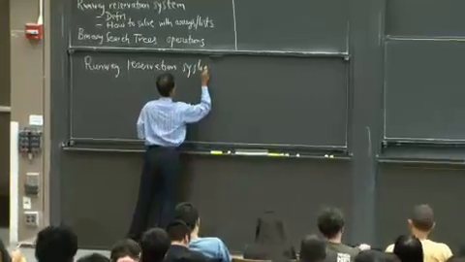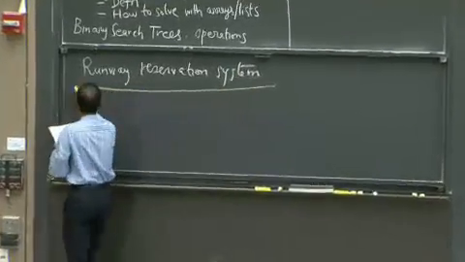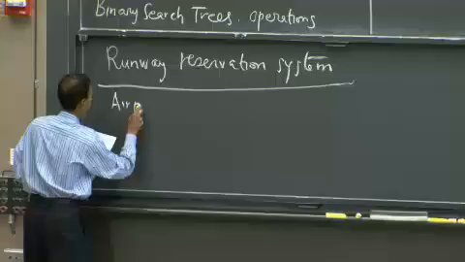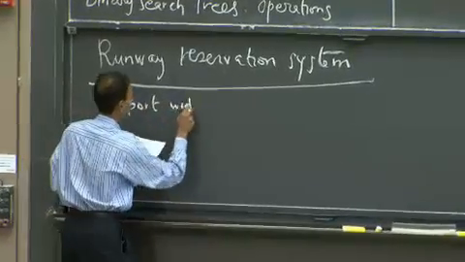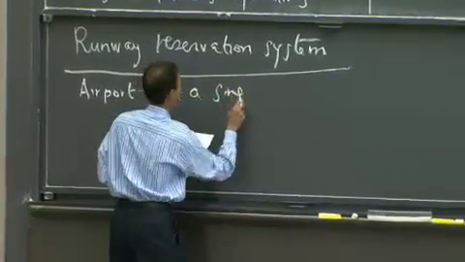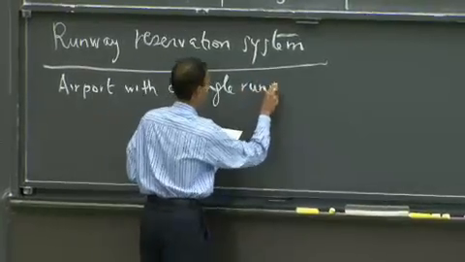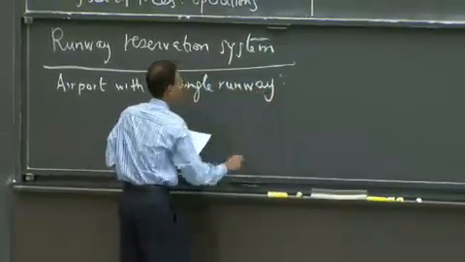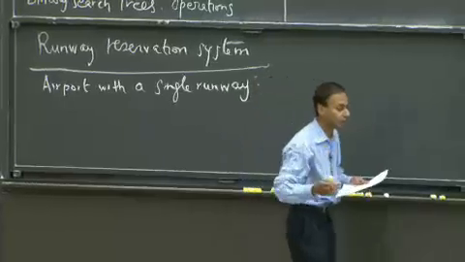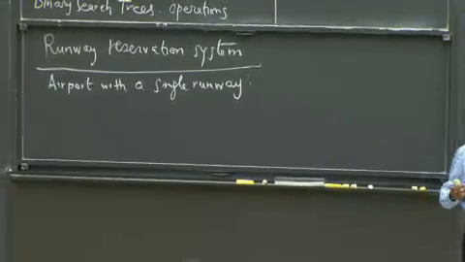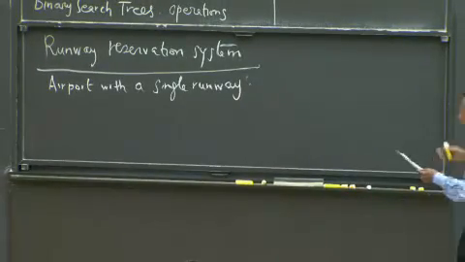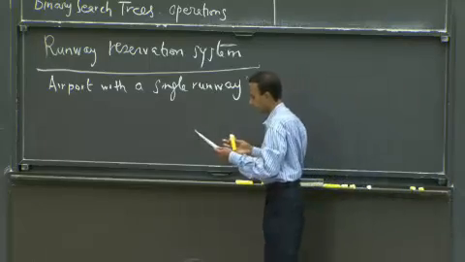And it's your basic scheduling problem. We'll assume an airport with a single runway. Now, Logan has 6 runways, but the moment there's any sort of weather, you're down to 1. And of course, there's lots of airports with a single runway.